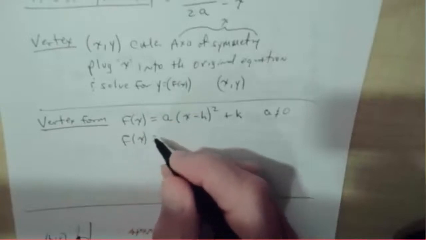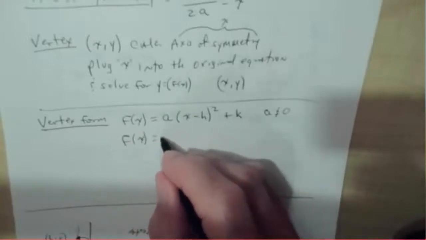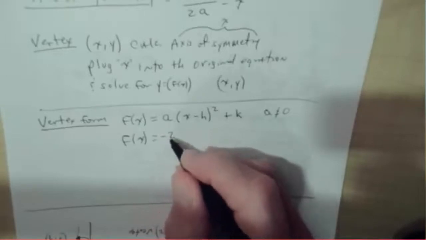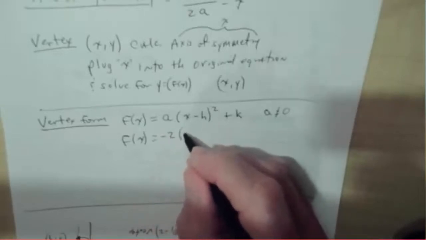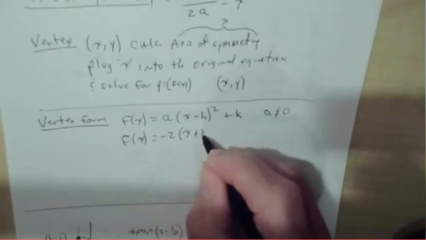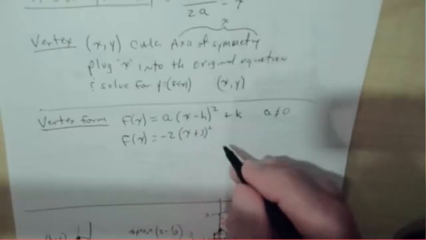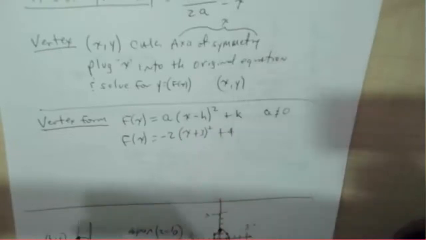Okay, for example, f of x equals -2 open x plus 3 all squared plus 4.